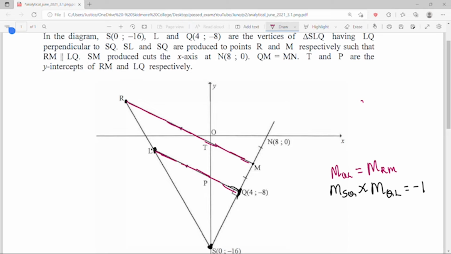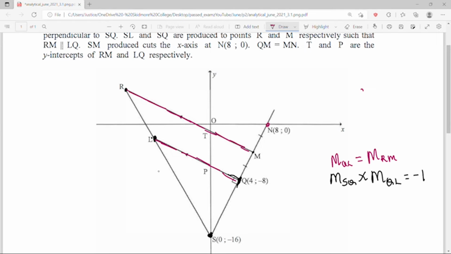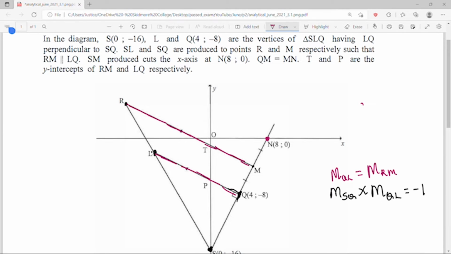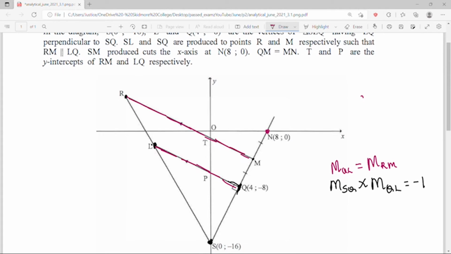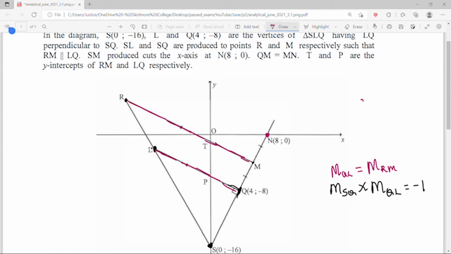So the last statement is SM produced cuts the x-axis at (8, 0), that is the N. So we have this one here, which is N (8, 0). It's a line starting all the way from S, right? Immediately you should remember that in a straight line, this part right here, I'm going to use a different color. In a straight line, this one and these, we have names for them. We call this one, in the equation of a straight line, the x-intercept, right?